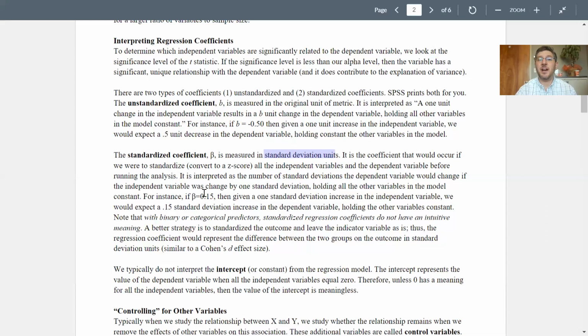If our standardized coefficient was 0.15, then that would say a 1 standard deviation increase in the independent variable would correspond to a 0.15 standard deviation increase in the dependent variable, holding constant all the other variables in the model. So where the unstandardized coefficient is in the original units of metric, the standardized coefficient is in standard deviation units.